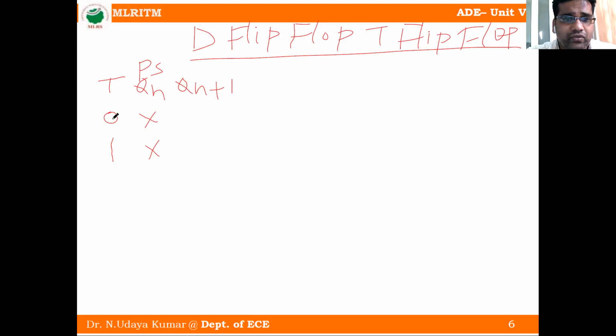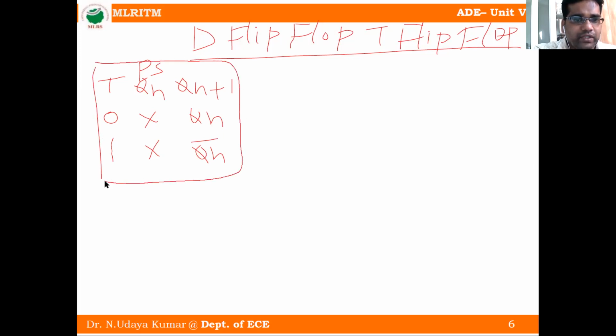T is equal to 0, we will get Qn. If T is equal to 1, we will get Qn bar. So this is the truth table for the T flip-flop. That means if T is equal to 0, no change. T is equal to 1 means toggle state. Now we will write the excitation table for the D flip-flop.